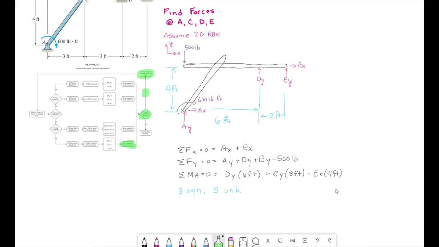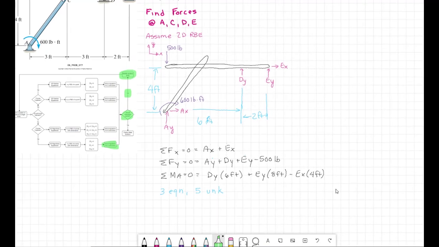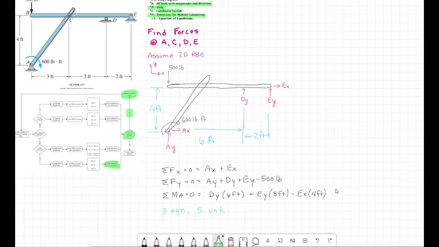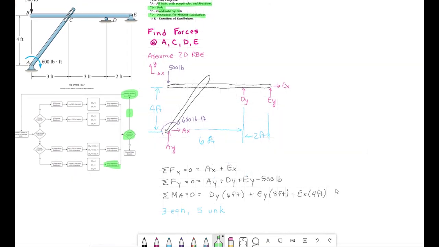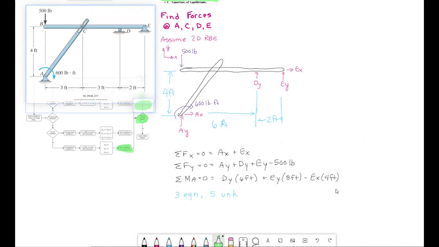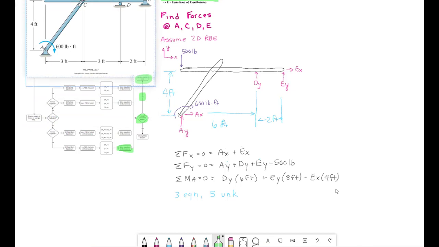When we're selecting which body to go with, we want to pick which one has fewer unknowns.